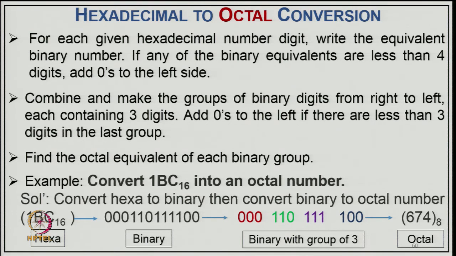Now, we can make groups of 3 starting from the most right. So, it comes 100, 111, 110, and 000. So, this number comes to 674 if we convert to the base of 8, and this is called an octal number. That is the way: when we go through the binary conversion, it becomes very convenient to convert.